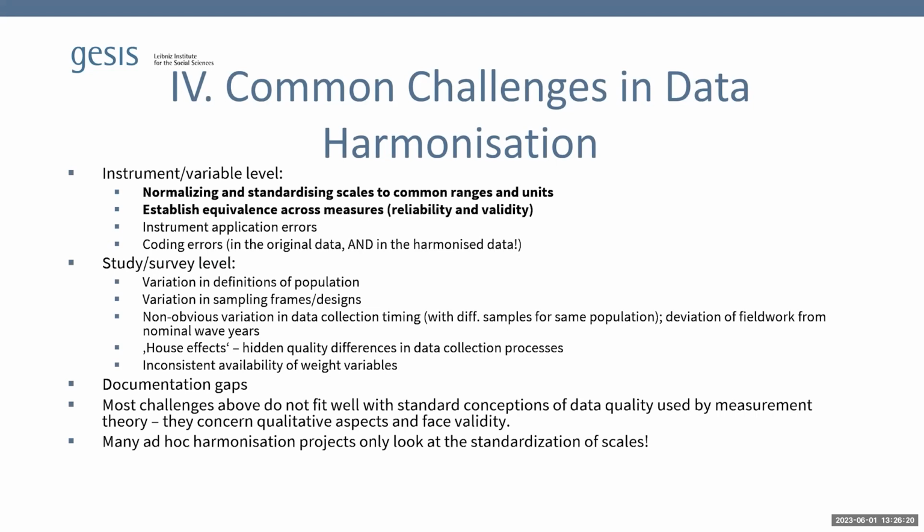We have variations in data collection timing, especially relevant for the second tier harmonization. I will show an example of that later. We might have other hidden quality differences in the data collection processes, something that is perhaps known as house effect, where we know that different survey agencies produce different results across their samples, etc.